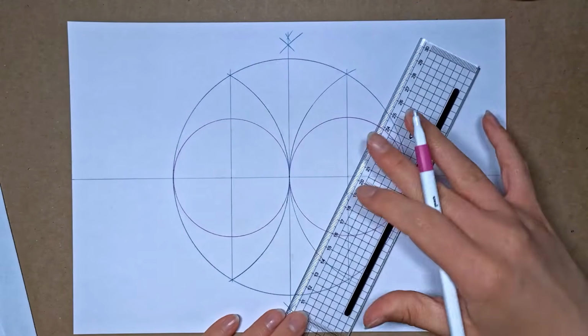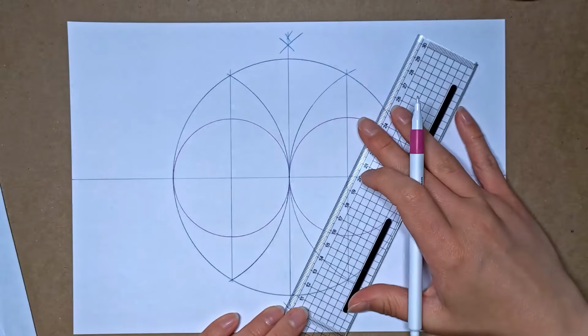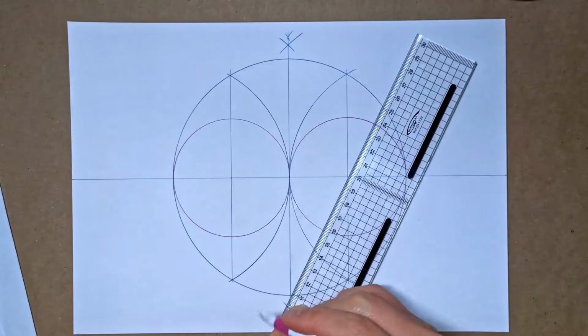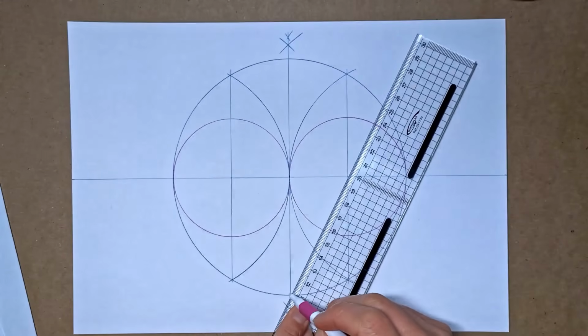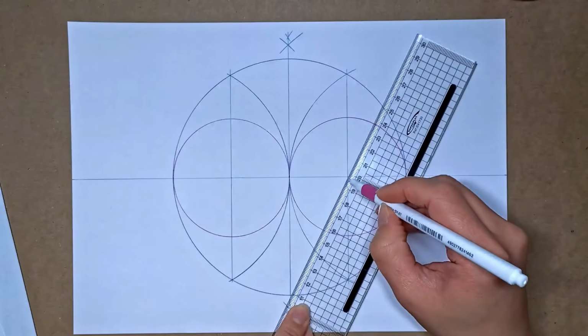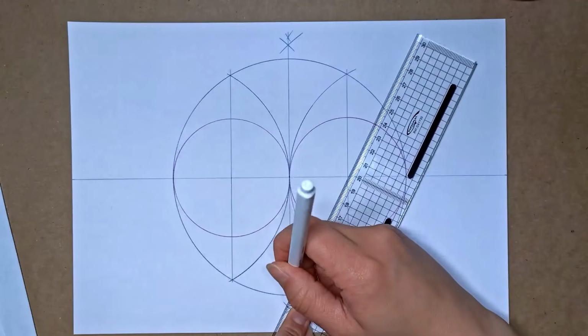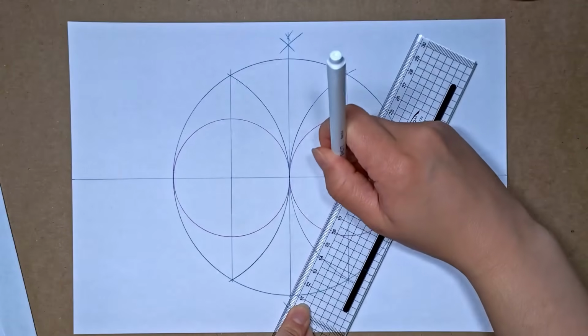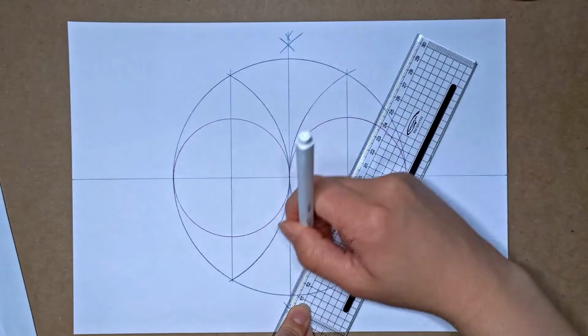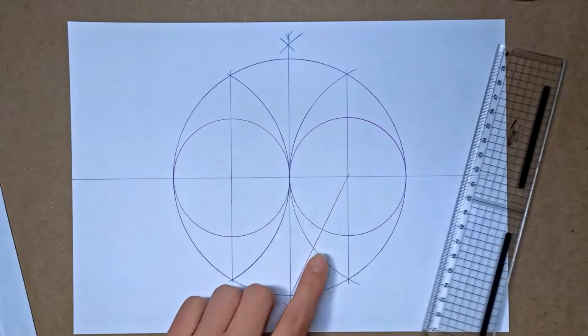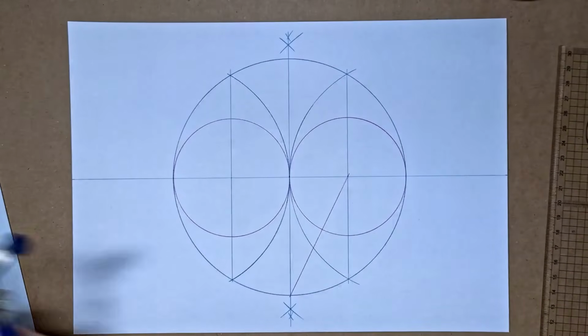So I'm going to find the exact point to find the right radius by linking my intersection here at the bottom, so my sort of south point, and the center of that circle on the right, like this. You could do it on both sides, but you only really need it on one side.